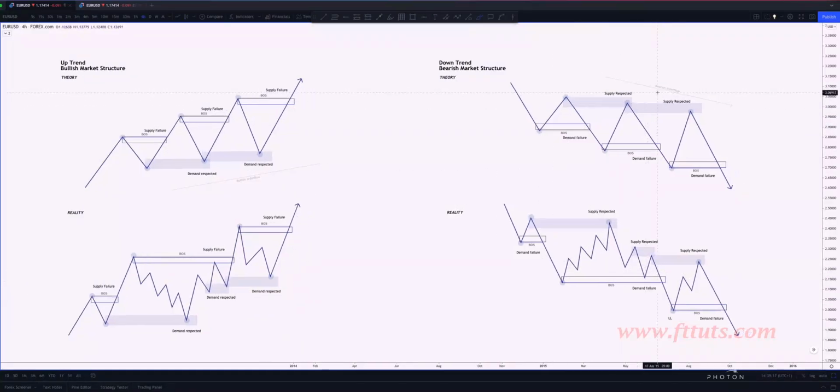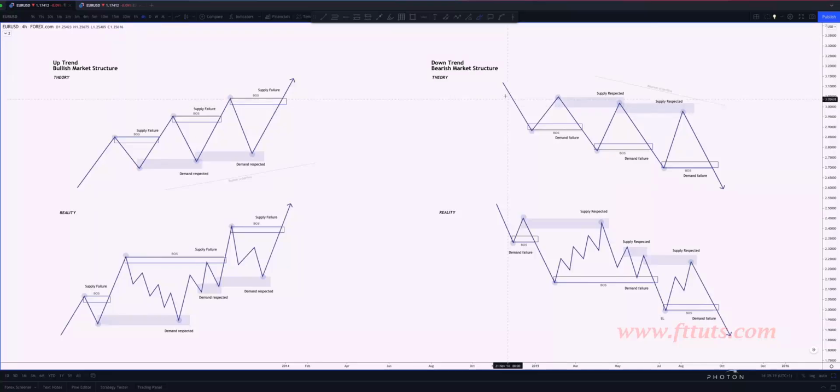So then looking over here, it's just the exact opposite for bearish order flow in a bearish market, a series of lower lows and lower highs, where the lows are weak and the highs are strong because they are taking out the lows, they are causing breaks of structure. So when we get that pivot in price and that either range-created or pivot-created supply, and that supply then leads to a break of structure, showing that demand is failing and supply is in control, when price pulls back up to it, we expect supply to be respected.